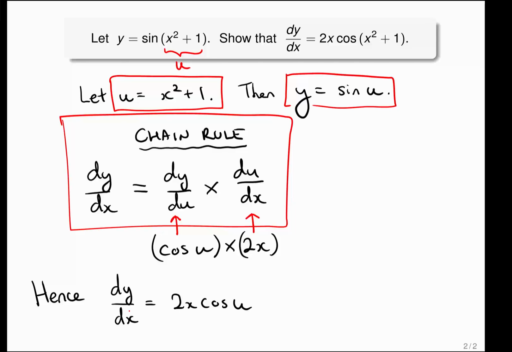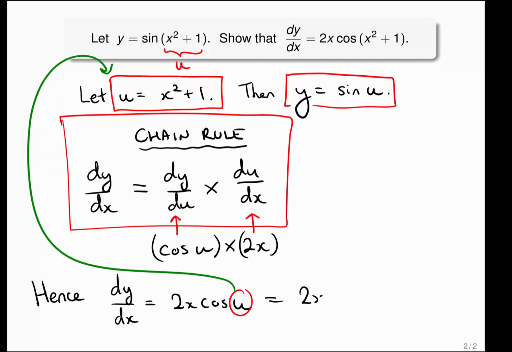Thus, we should convert this u here back to a function of x by using our original substitution, u equals x squared plus 1. This gives us a final answer of 2x times cosine of x squared plus 1, as required.